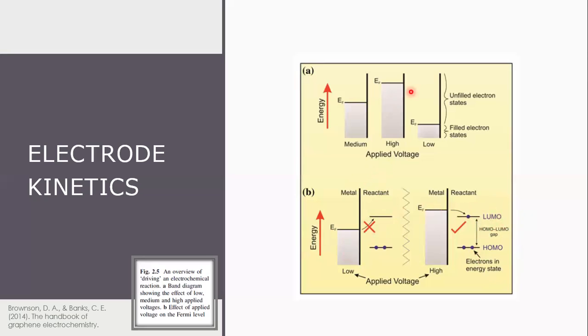But when your Fermi energy level is higher than the LUMO, then there will be a transfer of electronic species, and the current will flow through your circuit. So basically, this is how, by varying potential, you generate the response through a chemical reaction.